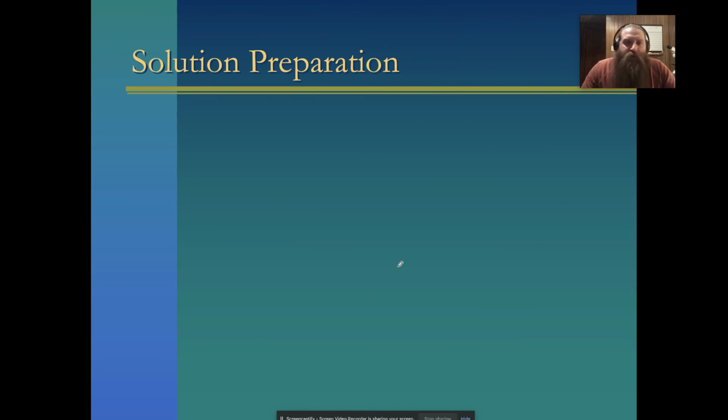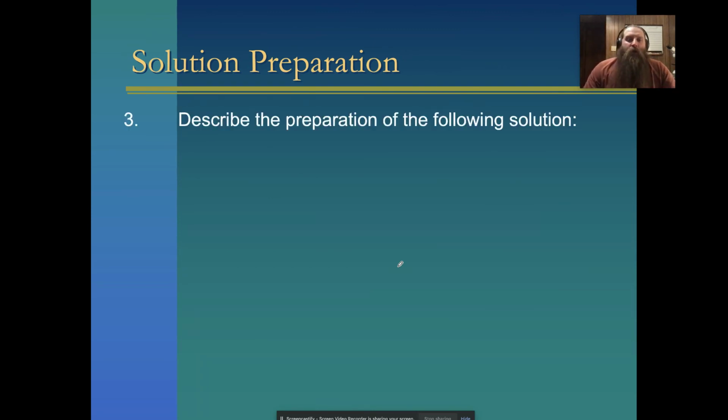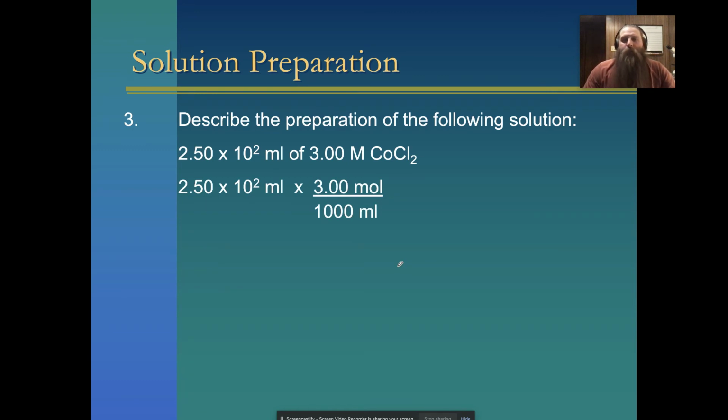All right, let's apply this to how we would make a solution. Let's say I want to make 2.5 times 10 to the 2 milliliters of a 3 molar solution of cobalt chloride. I guess that would be cobalt 2 chloride. All right, well, how do I do that? Well, first, I need to get milliliters into liters.